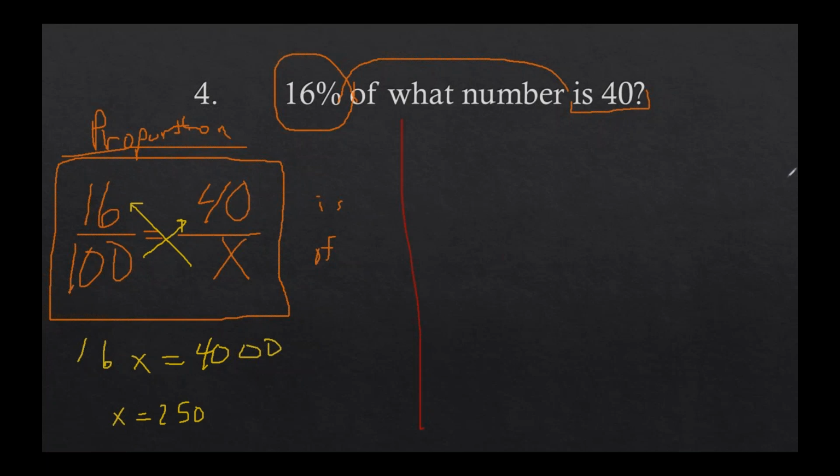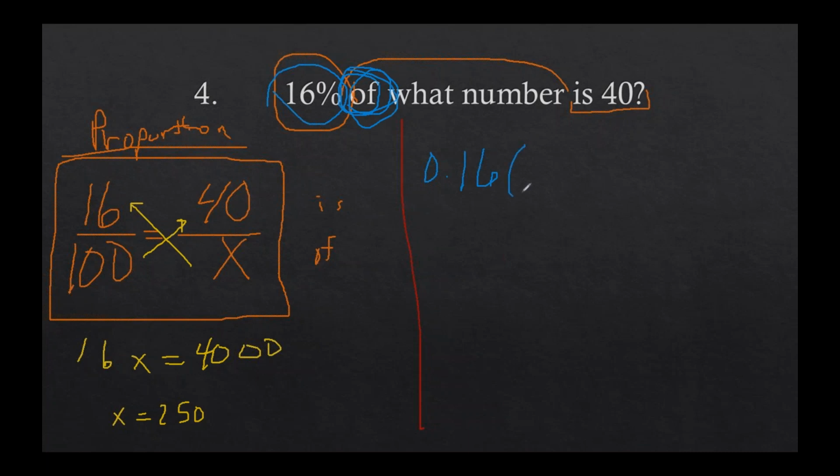Now the other way, we are going to go ahead and set up now. When I'm changing this English sentence into a mathematical sentence, I usually just go left to right because that's exactly how we read. So I start with 16%. This is where we take the percent and change it to a decimal, 0.16. Then it says "of." What does "of" mean? To multiply. Good.